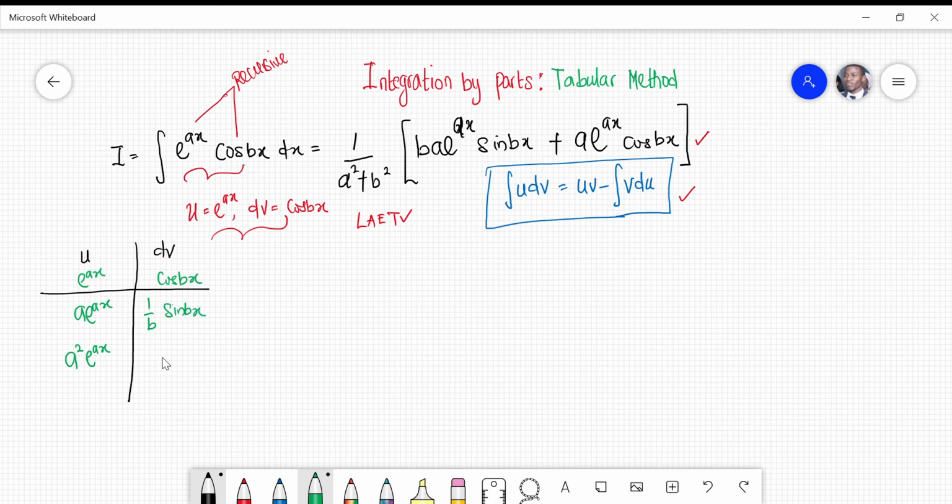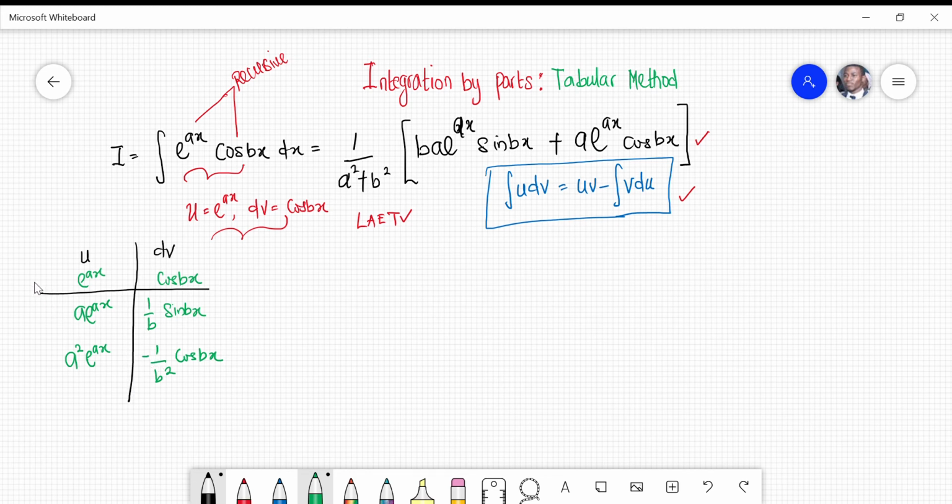And then if you do the same thing here, we're going to have negative 1 over b squared cos bx.